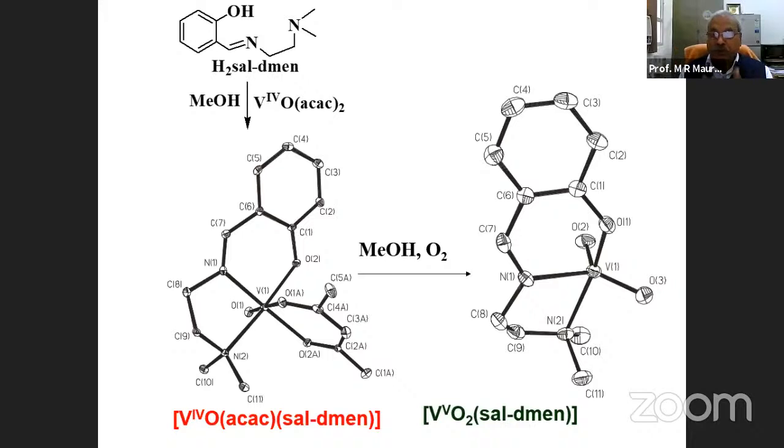Definitely, the vanadium compounds are inspired by the haloperoxidase. The other compound we could also prepare here by changing this one with N,N-dimethyl ethylene diamine, and we could oxidize this acetylacetonate to another trigonal type of complex, which is another good structural model of haloperoxidase.